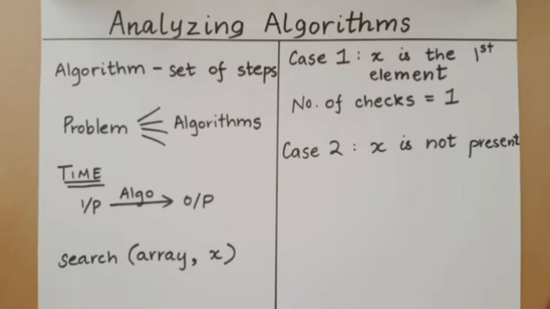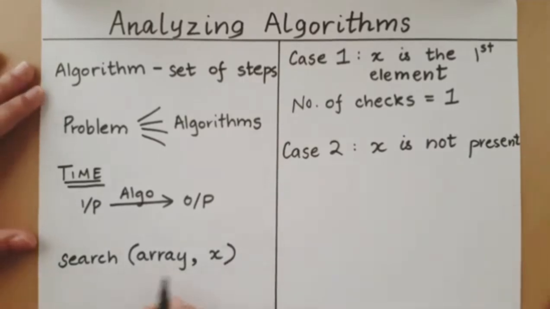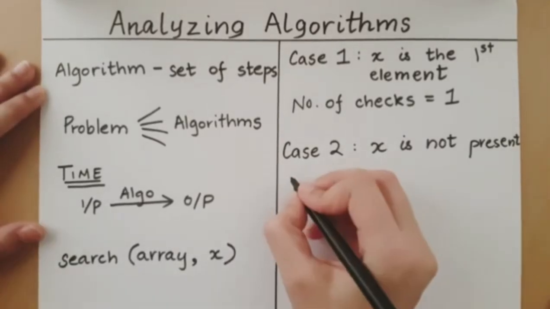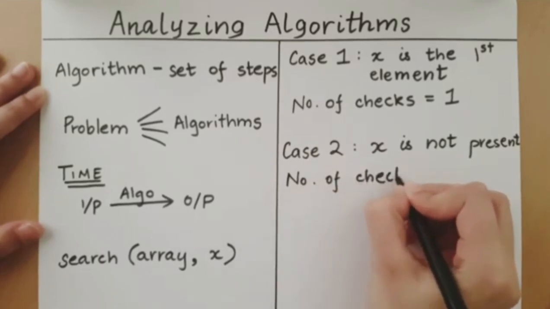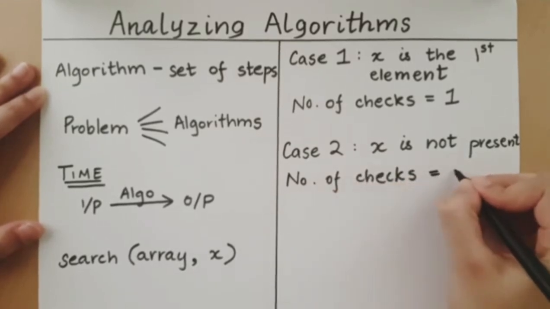None of the elements are equal to x, and so the search will be returned as unsuccessful. So the number of checks made by this algorithm is equal to the number of elements. Let us say that the array has n number of elements. Then the number of checks, which is equal to the number of elements, will be equal to n.